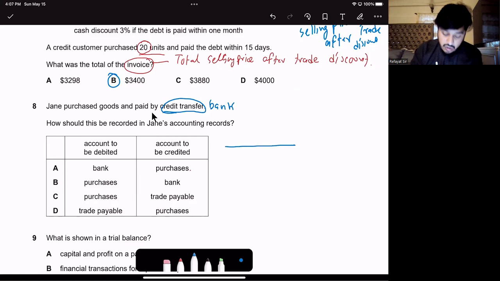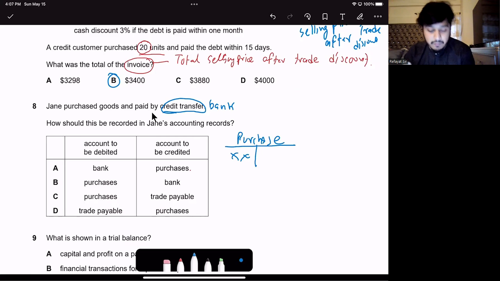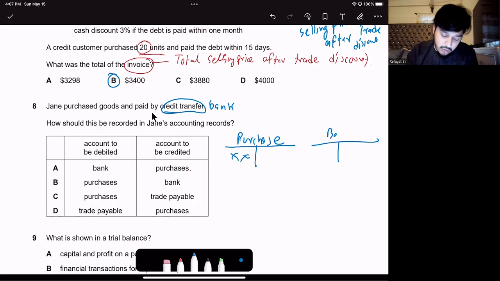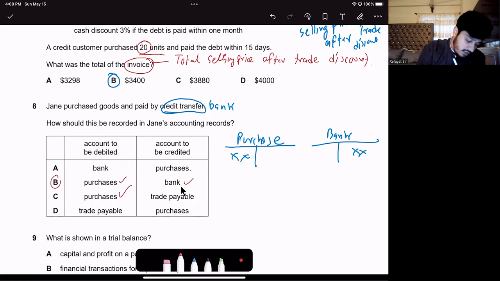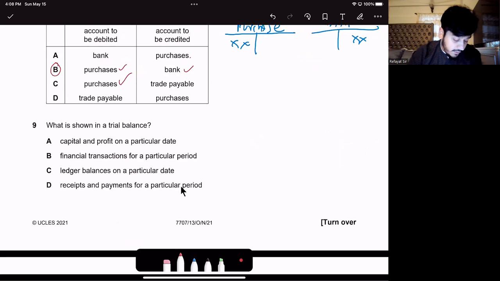So when we purchase goods, our purchase account is debited, and because the payment is made through the bank, the money is leaving and the bank account is credited. Straight and simple. So account to be debited is purchase. Account to be credited is bank. The answer will be B.